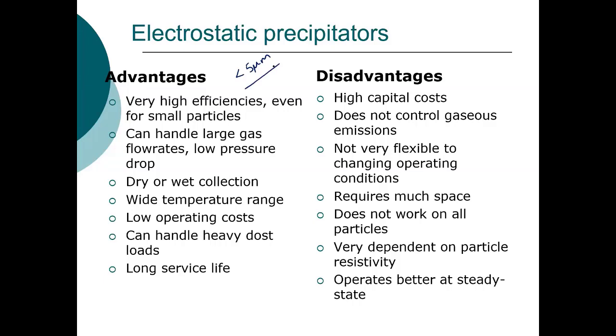We can also handle large flow rates, and it has a low pressure drop. One of the problems with the centrifugal separators is the pressure drop. When we talk about baghouse filters, the pressure drops are even greater than with these other processes. We can also operate it with either wet or dry collection.